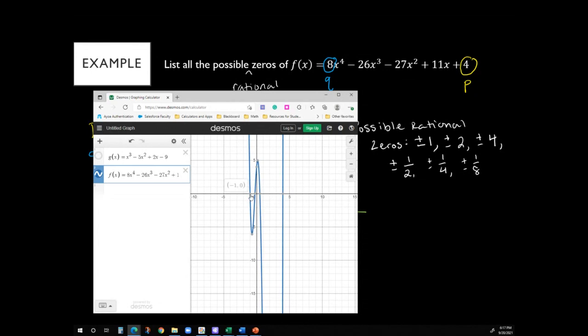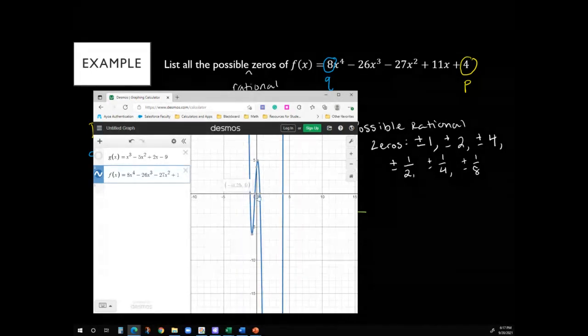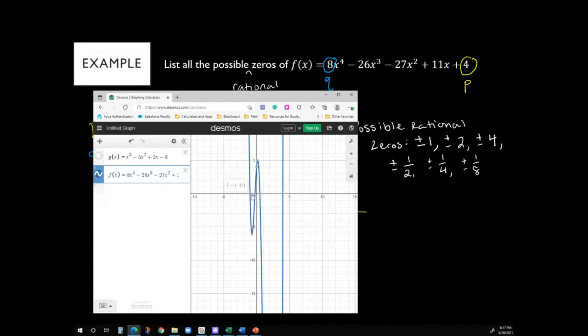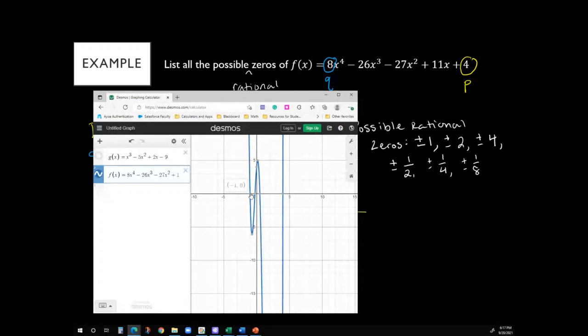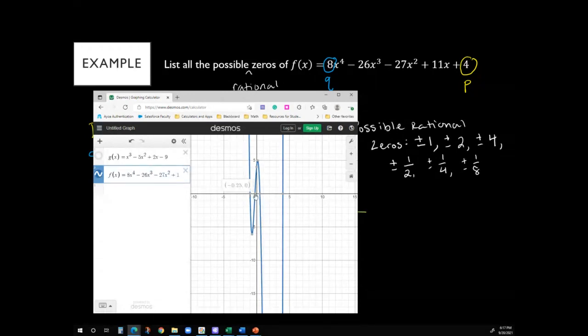So if I click on here, we've got 4 spots. And these are all rational zeros. You can see they were all on our list. We had -1, that's on our list of possible rational zeros. This is -1/4, that's on the list. 1/2, and 4. So in this situation, there are 4 zeros because the degree is 4, and all of them are rational zeros. They all come from this list.